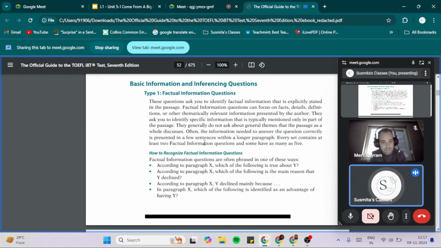Again, do not use your personal assumption or personal knowledge. Whatever is mentioned in the paragraph, based on that only you will select. They will not ask anything outside of the passage, so make sure you select it correctly.